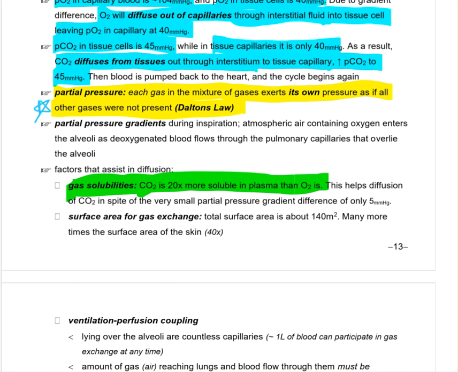It was 45 to 40, only a 5 difference. But because it's more soluble, carbon dioxide will move from the blood out into the air very easily, and will move from the tissues into the blood very easily.